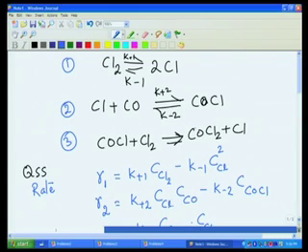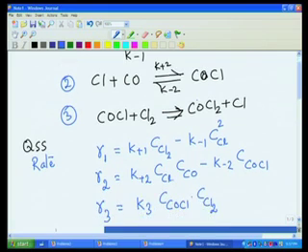What are the other species in the reactions? It is chlorine radical and COCl radical. So, radicals being active intermediates, we can invoke the quasi steady state approximation for these 2 radicals. Okay.